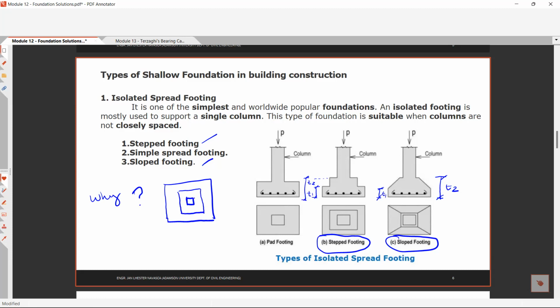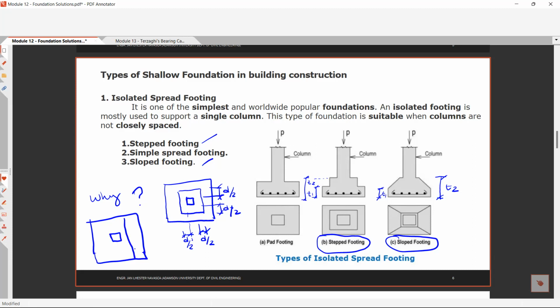Okay, so ito yung critical part. In two-way shear, that is D over 2 from the face of your column, and this is also D over 2, where D is the effective depth or effective thickness of your foundation. That is for two-way. And for one-way shear failure, that is D distance from the face of the column.